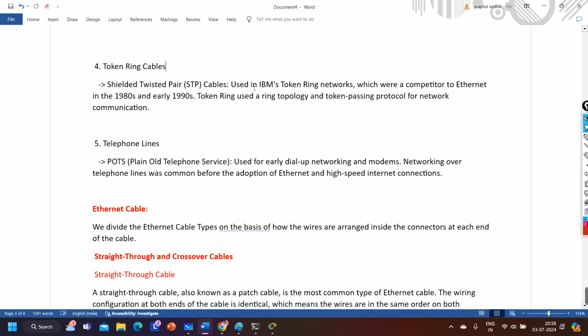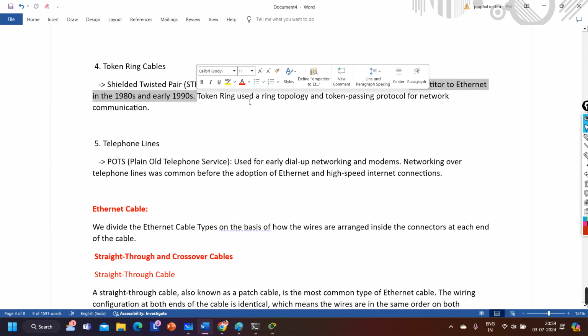Shielded twisted pair cable was used in IBM token ring networks, which were a competitor of Ethernet in the 1980s and early 1990s.